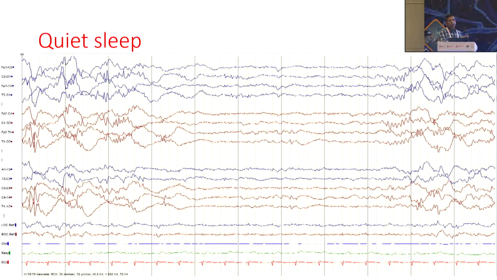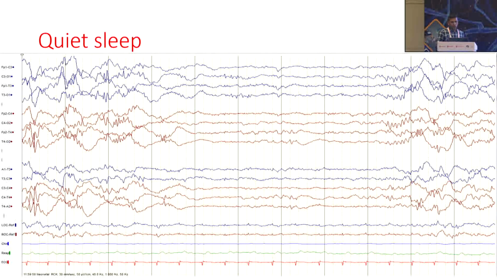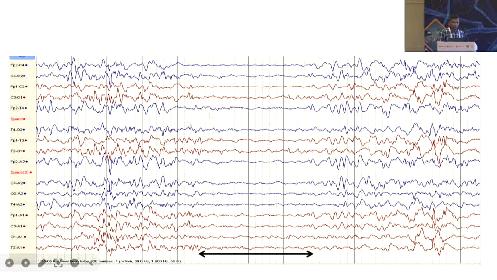This discontinuous record is very characteristic of quiet sleep. This is a normal finding in quiet sleep in a newborn. So you measure or describe the morphology of the burst and the amplitude and duration of the interburst interval. That will tell you whether this degree of continuity is normal or abnormal.